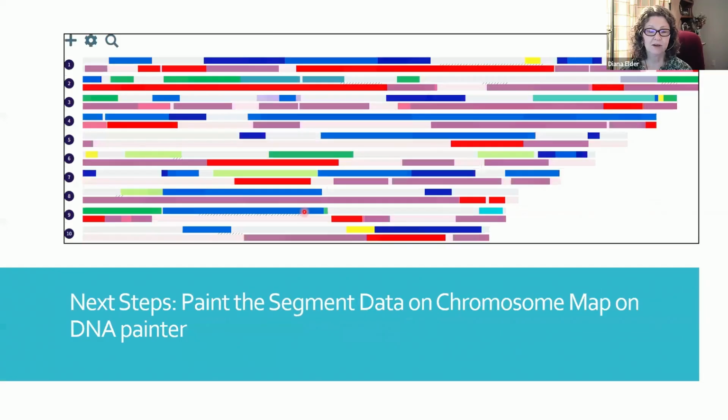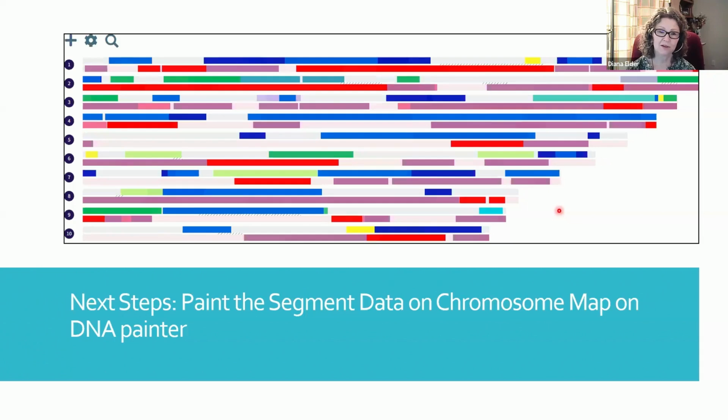Now, I can also paint that segment data on a chromosome map on DNA Painter. So I have quite a few different segments here that are painted, but this isn't my match. This isn't my triangulated segment. This is the triangulated segment for Thomas. And so I actually have a chromosome map for Thomas, all of his own.